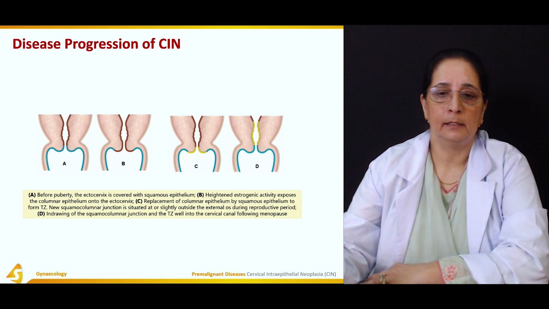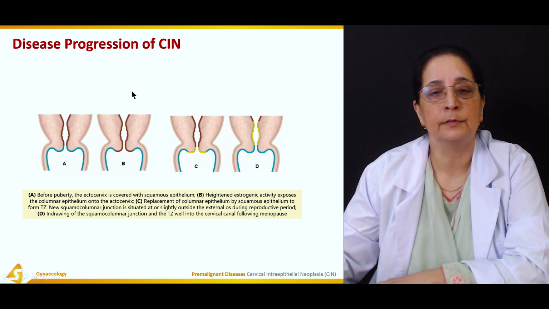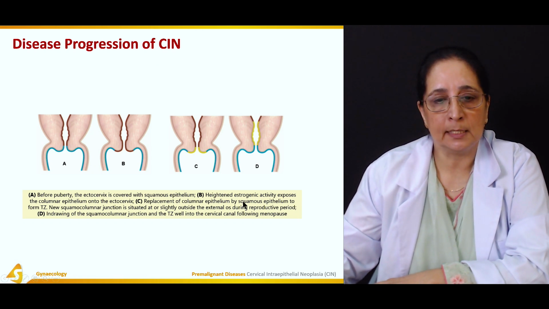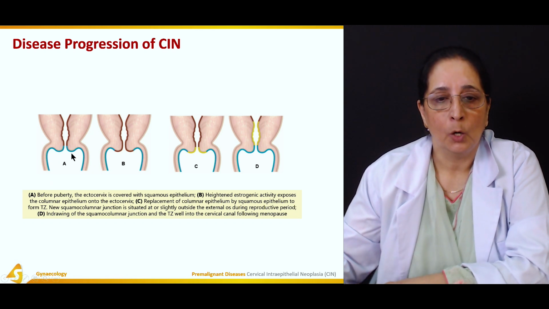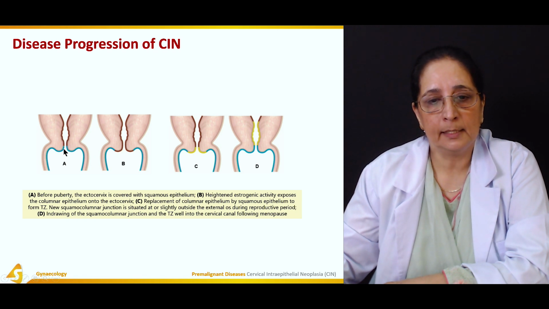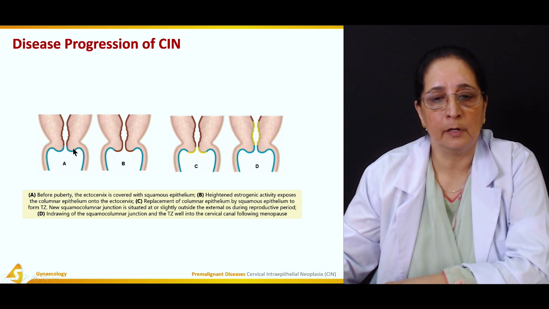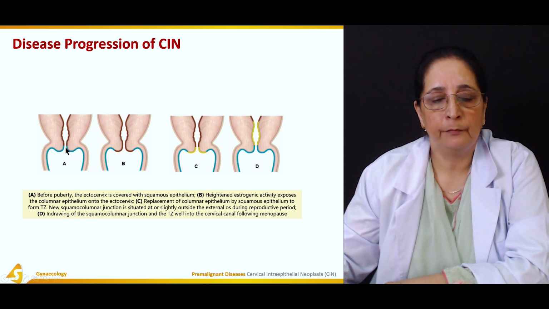Then these diagrams show the disease progression of cervical intraepithelial neoplasia. Just some simple changes. What happens before puberty? This is the ectocervix, or outside of the cervical canal. The ectocervix is covered by squamous epithelium before puberty.